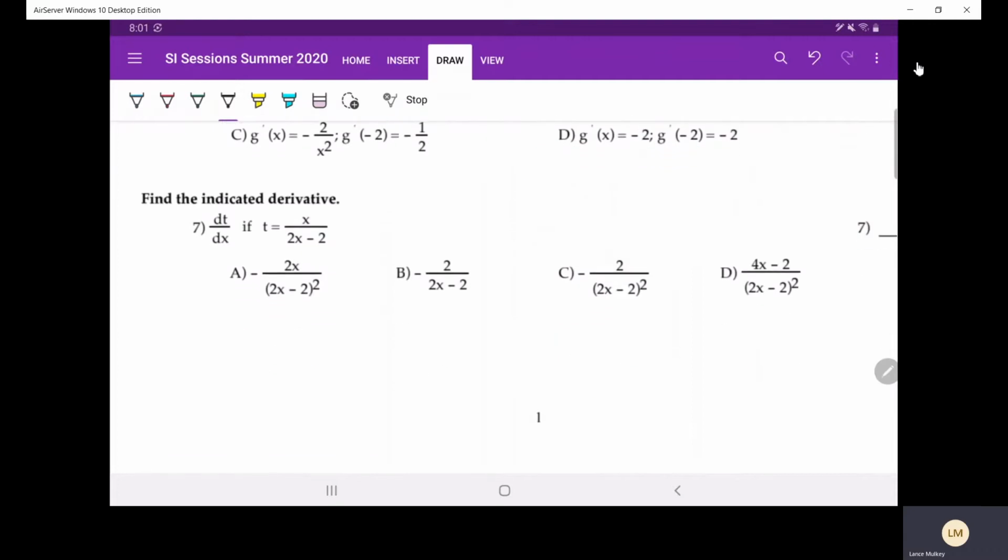Okay, we're going to find the indicated derivative. So it wants you to find the derivative of this equation right here. And because, sadly, you have two terms in the denominator, you can't split it up and use the power rule and simplify like that. You have to use the quotient rule.